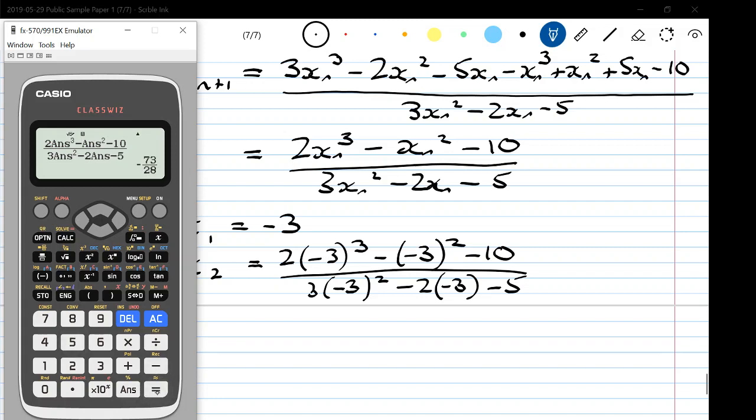And that gives us minus 73 over 28, but we wanted it as a decimal, so minus 2.607.